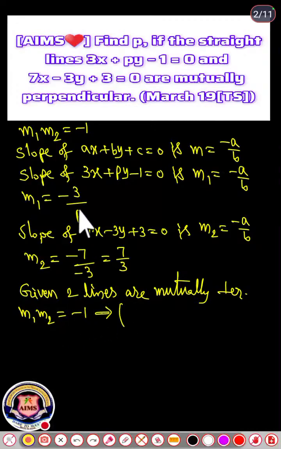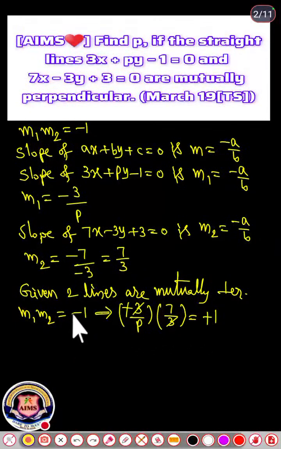Here the m1 value is -3/p into the m2 value 7/3 equals -1. The 3 in numerator and denominator gets cancelled, the minus signs on both sides cancel, leaving 7/p = 1. Then cross multiply, my dears, we get p = 7. This is the required answer.